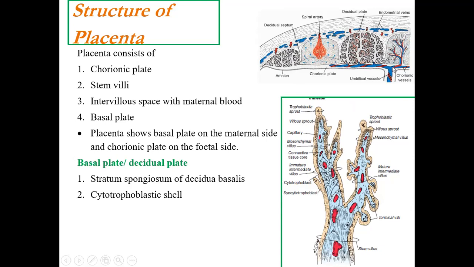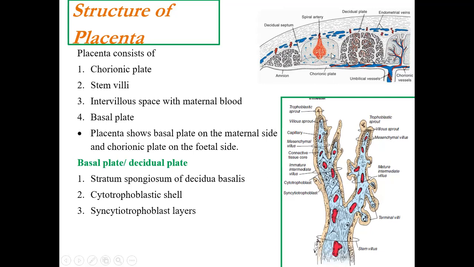We have already read that there were anchoring villi, and because it has to anchor, the cytotrophoblastic layer will multiply, overgrow all the villi, and encroach the maternal endometrium, and it will form a cytotrophoblastic shell to enclose the whole of the developing embryo. So the decidual plate has stratum spongiosum of decidua basalis and cytotrophoblastic shell.